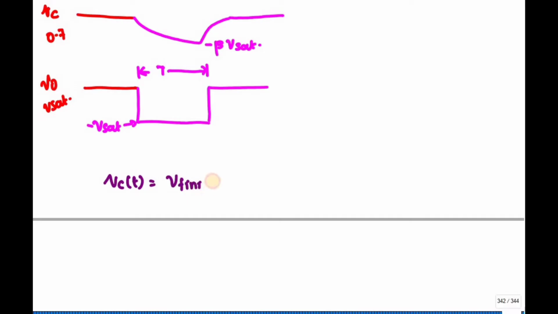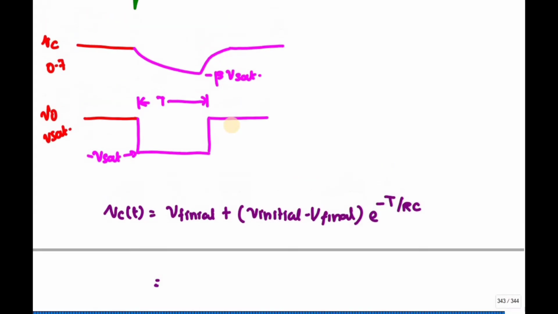So Vc of t is equal to, we know that V final plus V initial minus V final, e power minus t divided by RC. Okay.